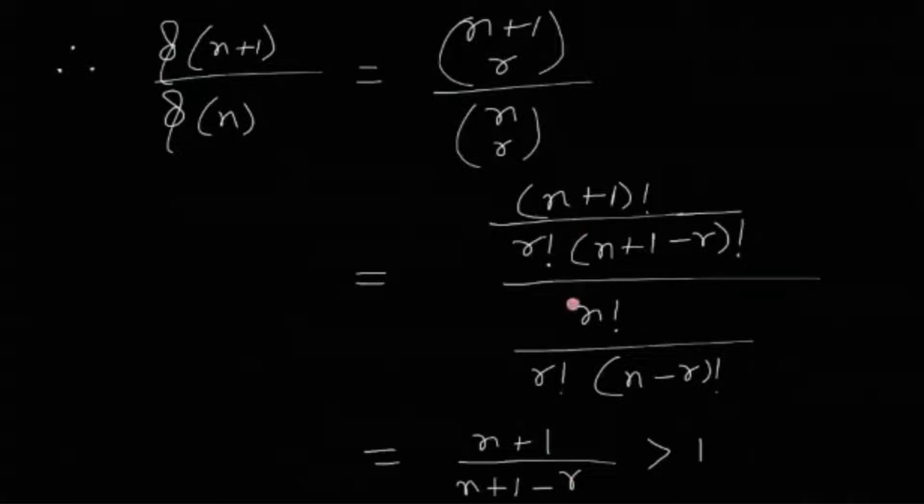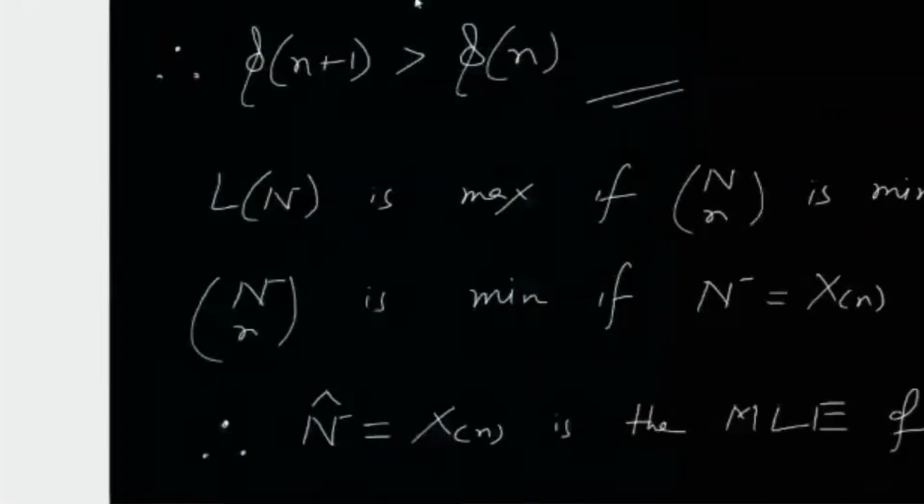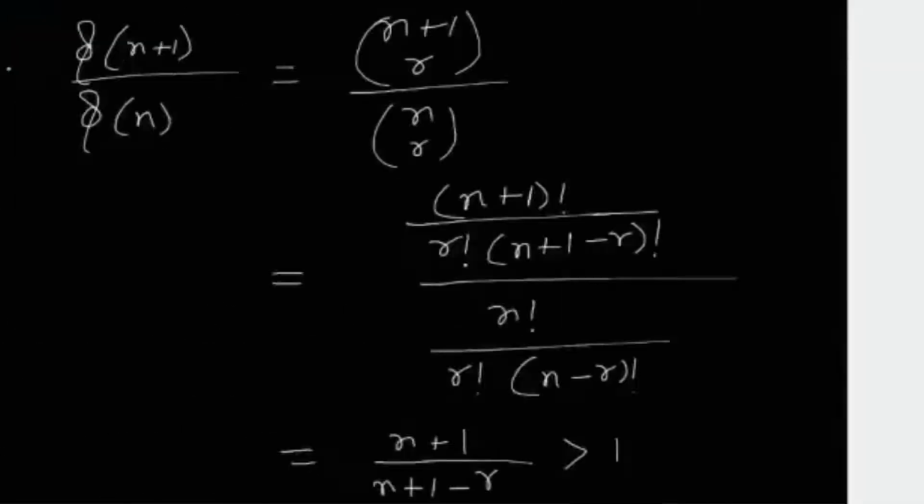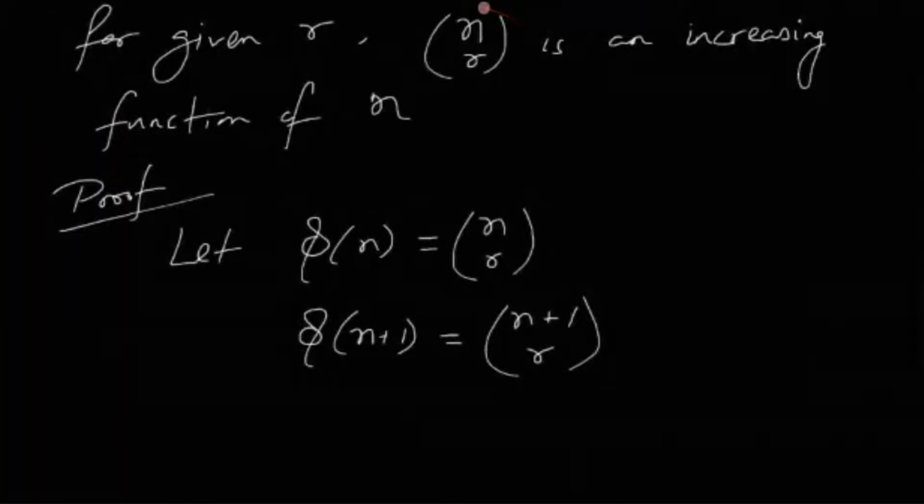Now r is obviously less than or equal to N, so this entire thing is greater than 1. Therefore phi of N plus 1 is greater than phi of N. As we keep increasing N, the value of this function keeps increasing.